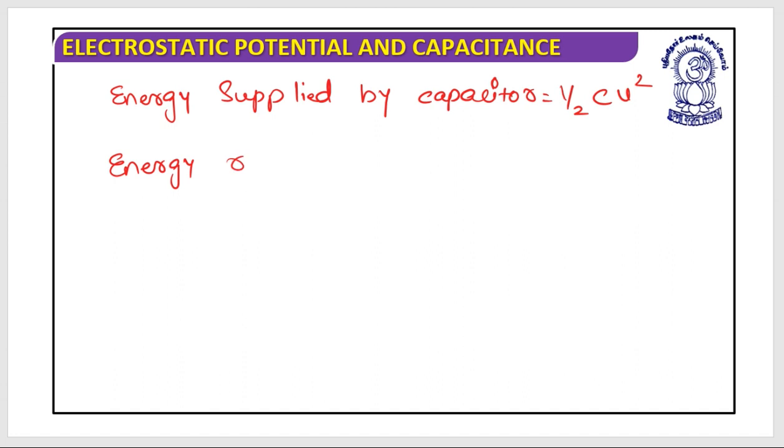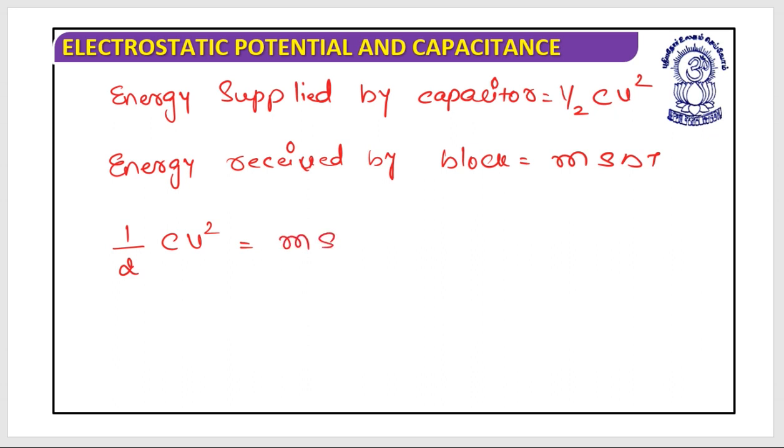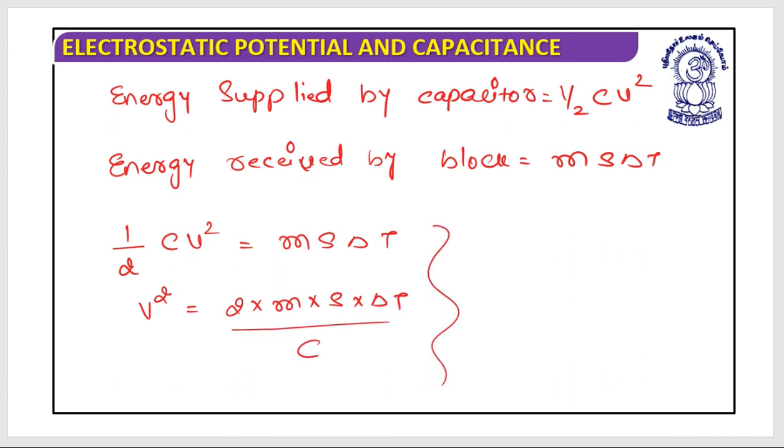The energy received by the block is m s delta T. So half CV square should be equal to m into s into delta T. So V square should be equal to 2 multiplied by m multiplied by s multiplied by delta T by C. So V should be equal to the square root of 2 m s delta T divided by C, and this would be the answer. I hope this is clear to you.